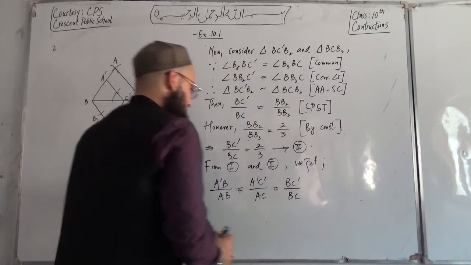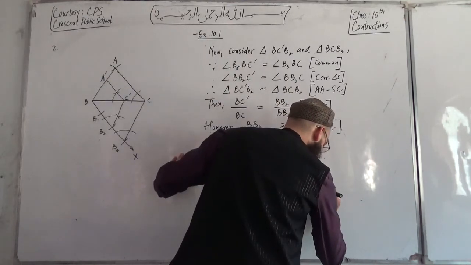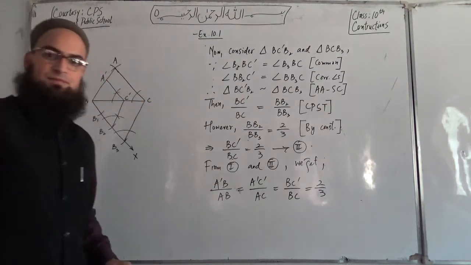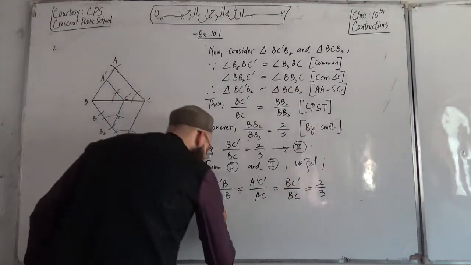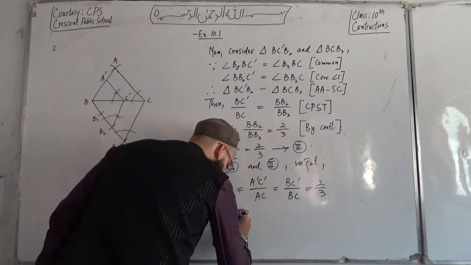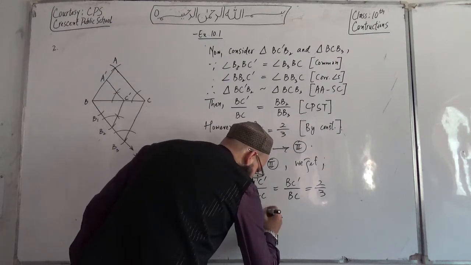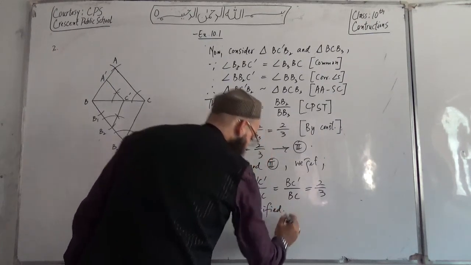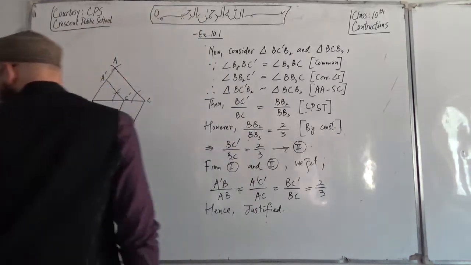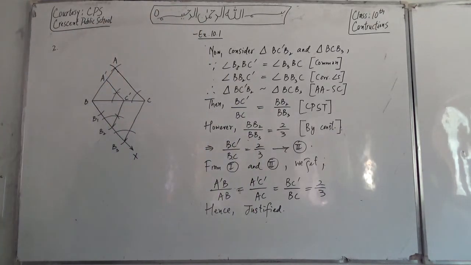BC dash by BC is equal to 2 by 3. So this justifies your construction, hence justified. Make a note.